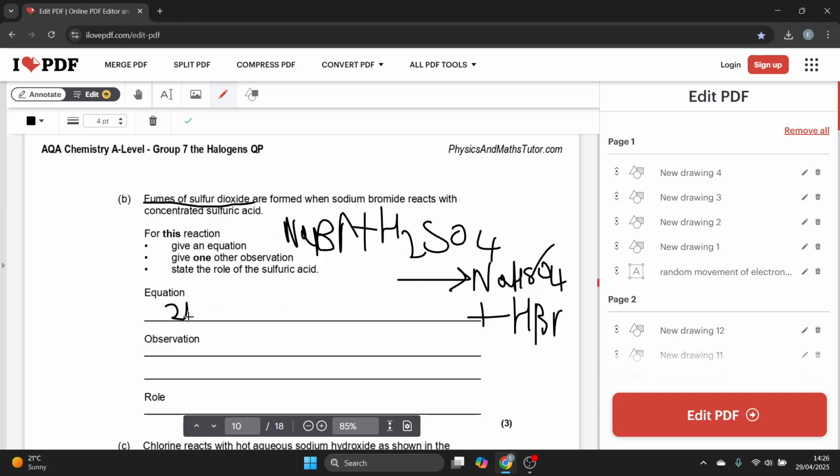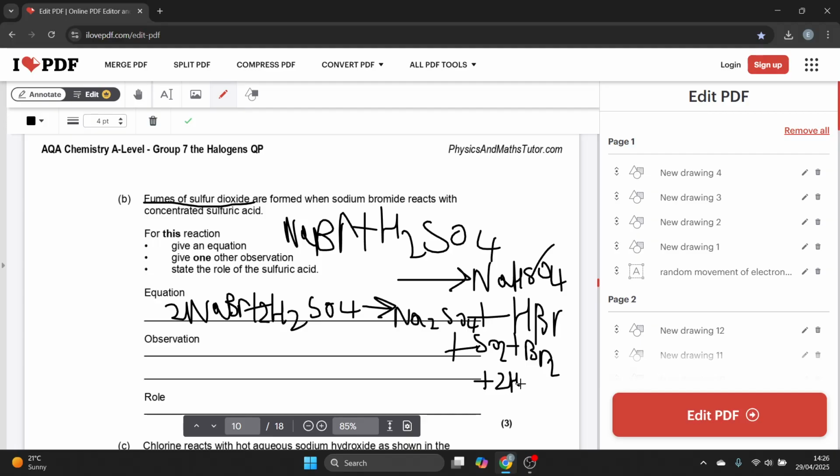So the equation is 2NaBr plus 2H2SO4 to form Na2SO4 plus SO2 plus Br2 plus 2H2O.